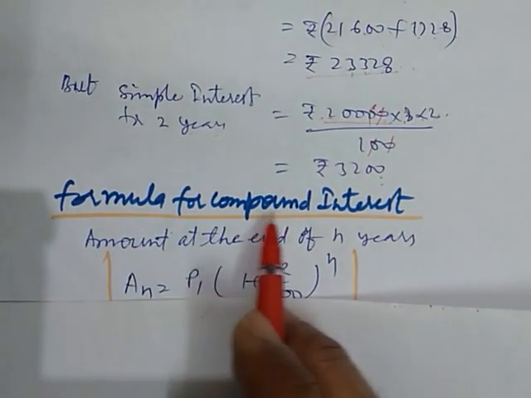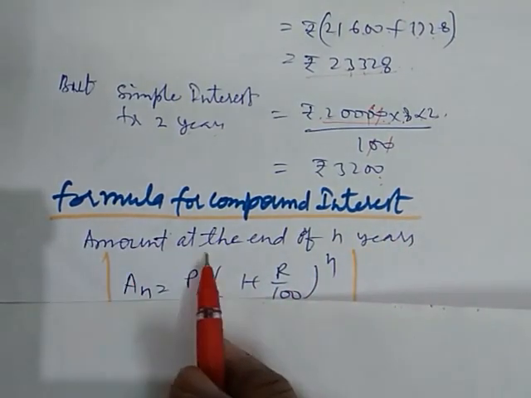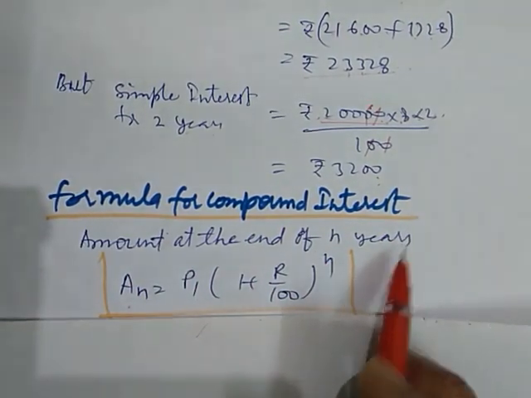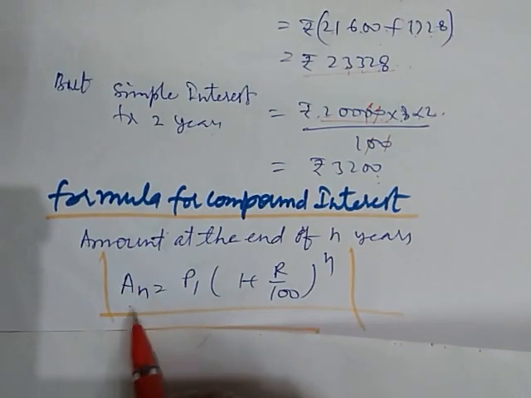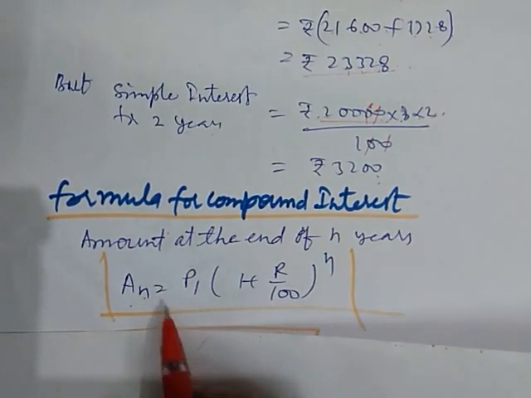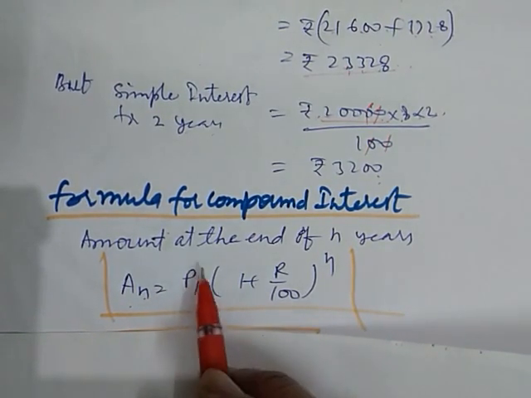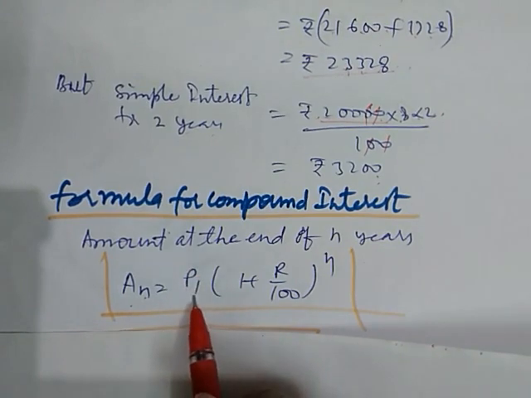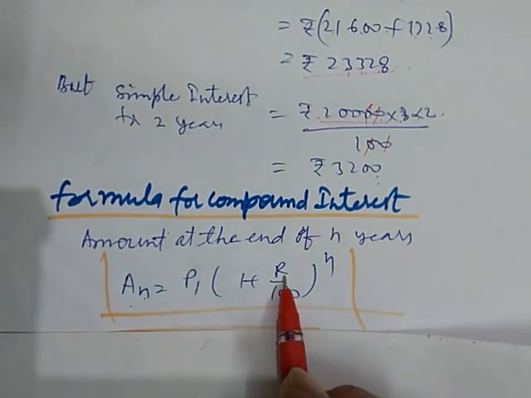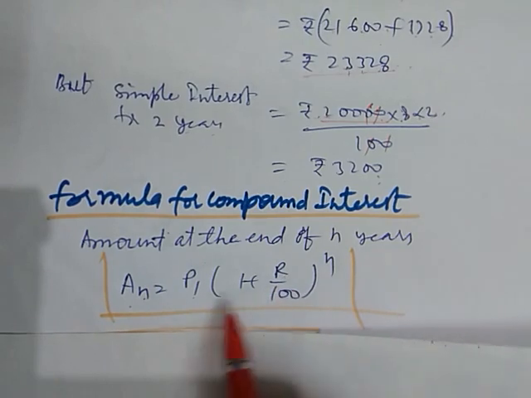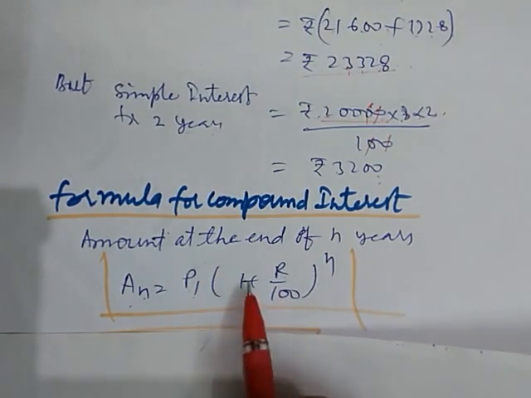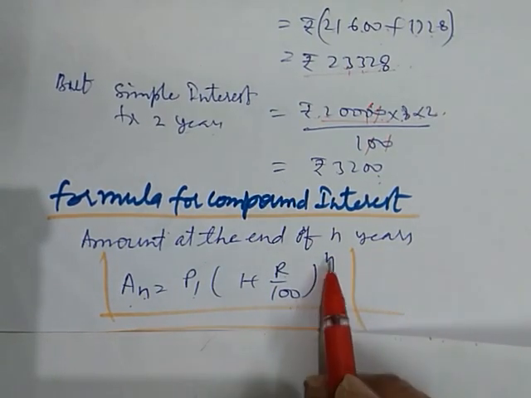So this is the formula for compound interest. Here, AN is the amount at the end of n years. P1 is the principal we initially take. R is the rate of interest annually. So AN equals P1 into (1 plus R by 100) whole power n.